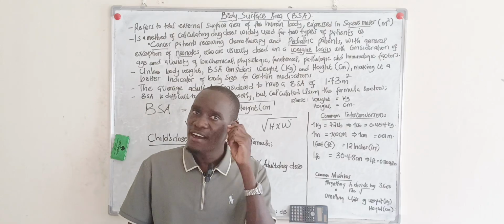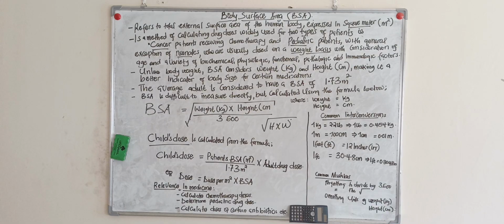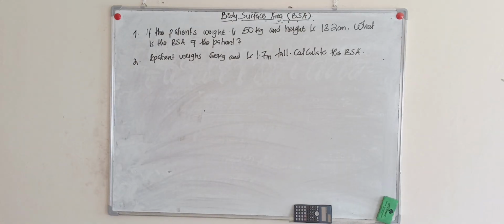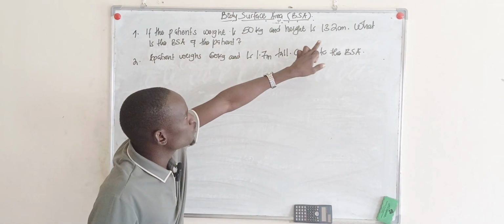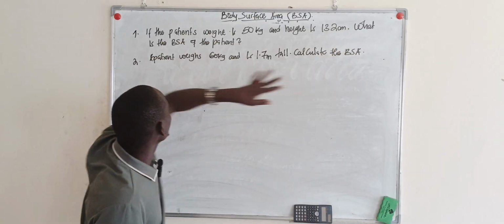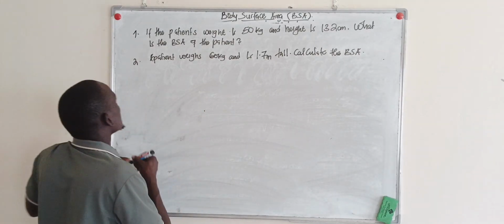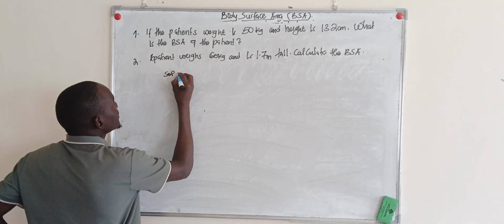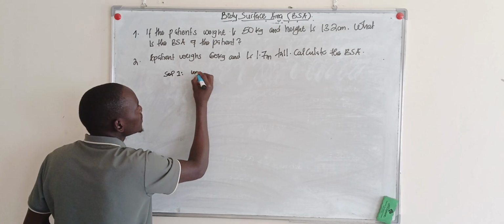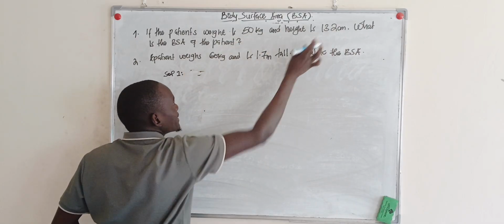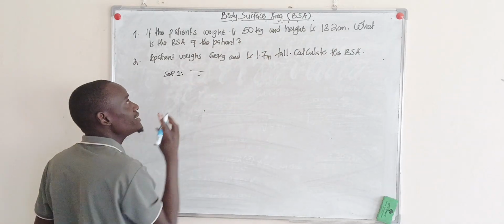Let's look at our first example. If the patient's weight is 50 kilograms and the height is 132 centimeters, what is the body surface area of the patient? Solution: they have given us the weight, which is 50 kilograms, and the height in centimeters, which is very okay.